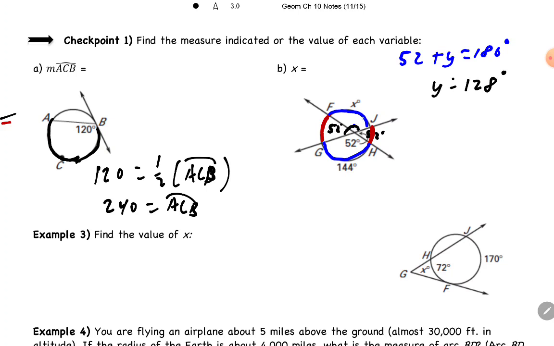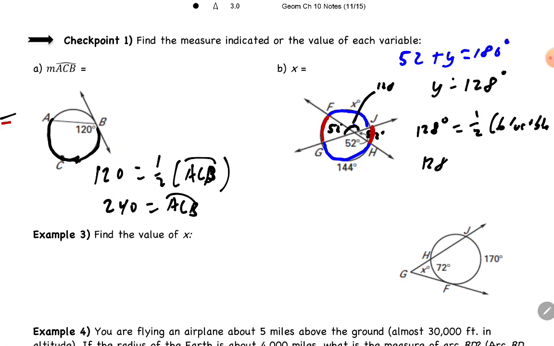Now that we know what this angle is, 128, I can use our formula that says our degree, 128 degrees, is equal to 1/2 the blue arcs added together, blue plus blue.